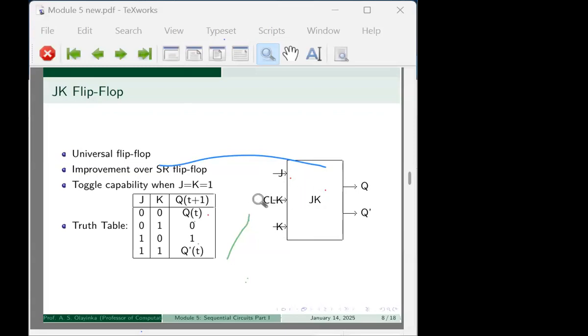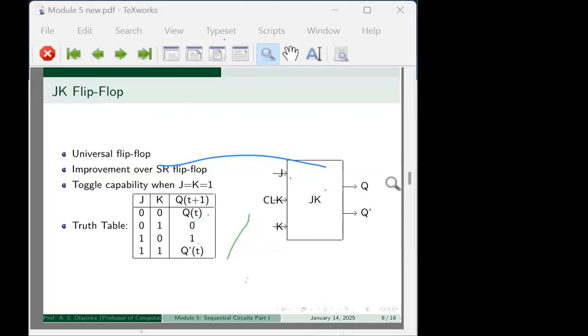So the signal coming from the clock is helping this circuit to capture what is coming from the clock of the sequential circuit. Are you following? Yes, sir. And your J and K here represent what you have in the other one, like your S and R.